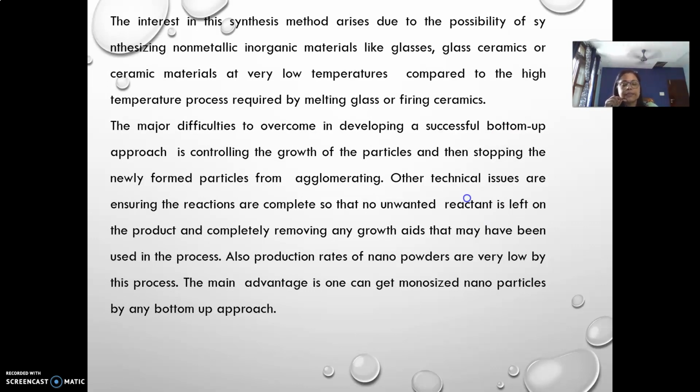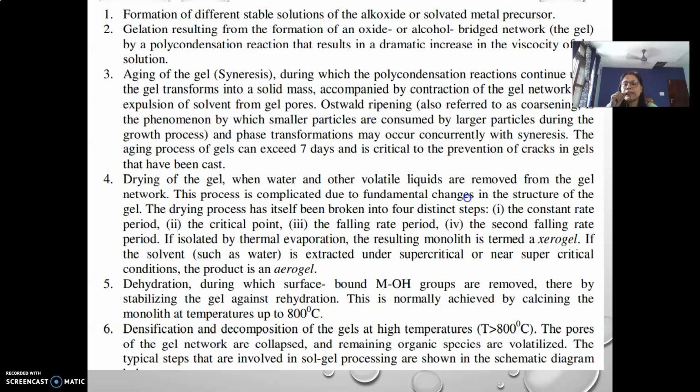So we can sum it up in this particular way: in the formation of nanomaterial by bottom-up synthesis, and that also by the sol gel procedure, our main motto will be creation of a sol. To prepare the sol for a metal oxide, normally we go for a metal alkoxide.